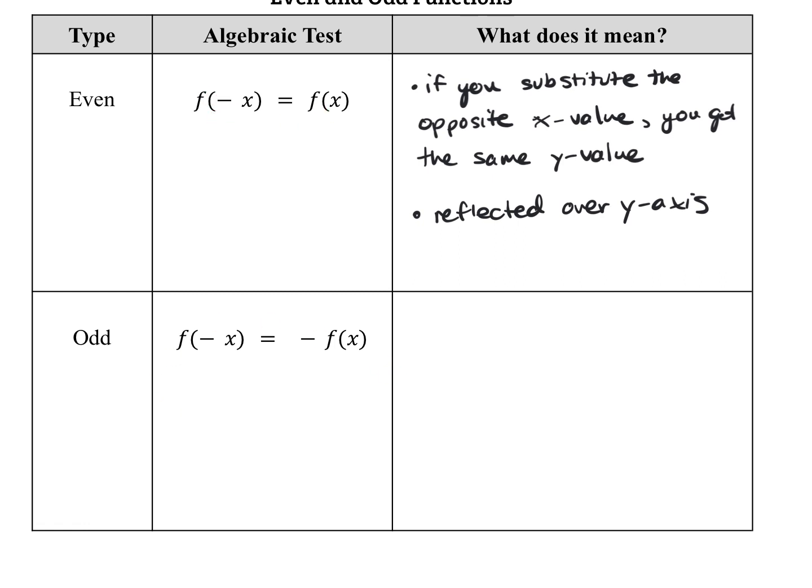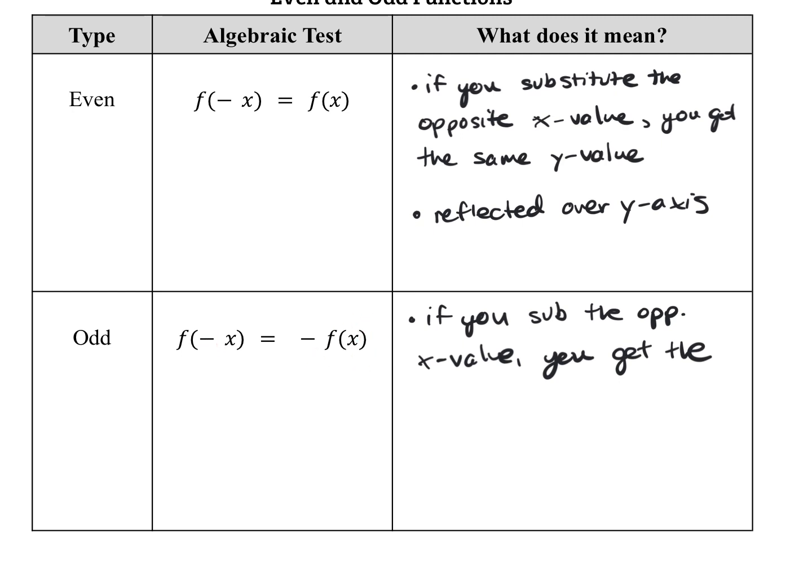Now, for an odd function, the algebraic test or the mathematical definition is that f of -x equals -f of x. So what in the world does this mean? This means if you substitute the opposite x value, the output is the opposite y value.